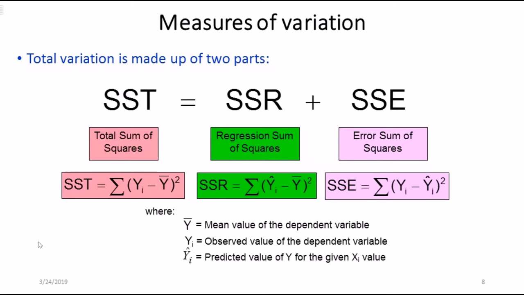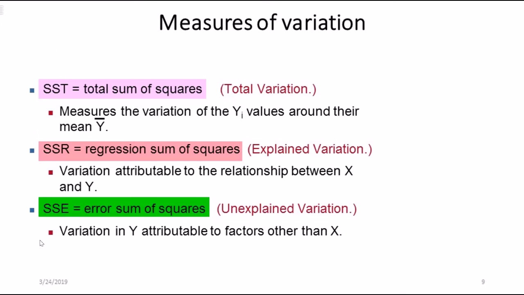And Yi hat is the predicted value of the target variable for a given xi value. The total sum of squares, which is abbreviated as SST, is the total variation. It measures the variation of the observed values of the target variable around the mean.